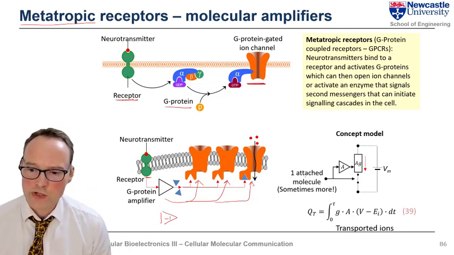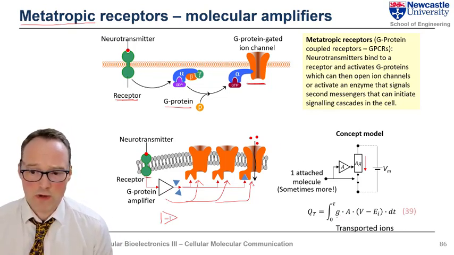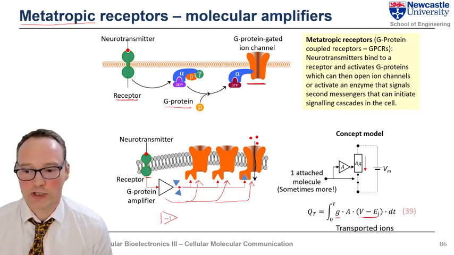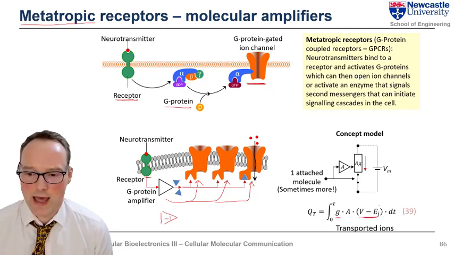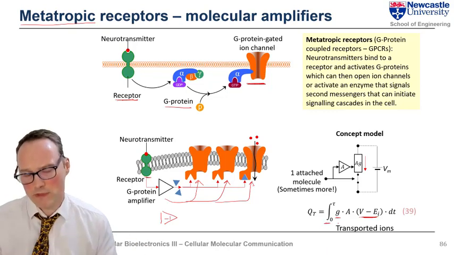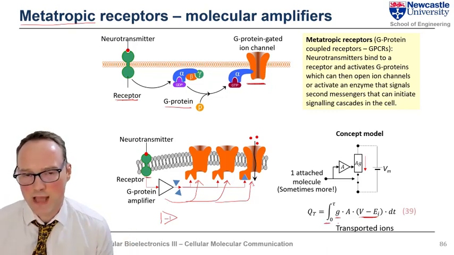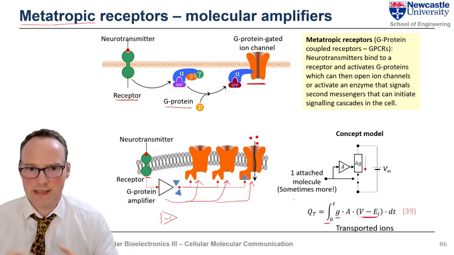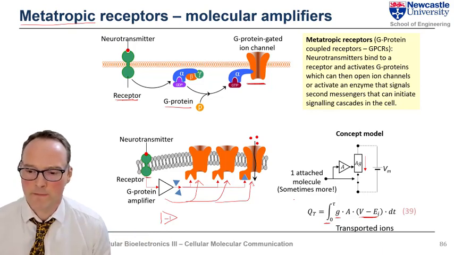So the conceptual model in this case is your conductance times the voltage difference again. This is your Hodgkin-Huxley type equation, and you've got your time, except that the time constants can be a little bit different here. So these things are slower and take a bit longer.